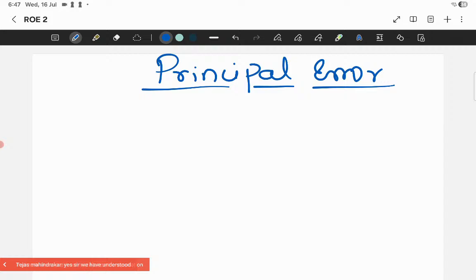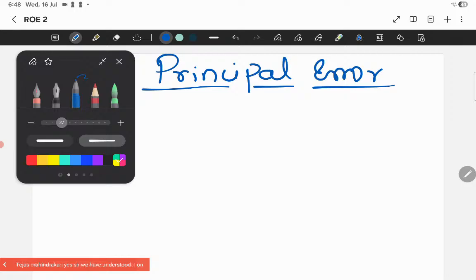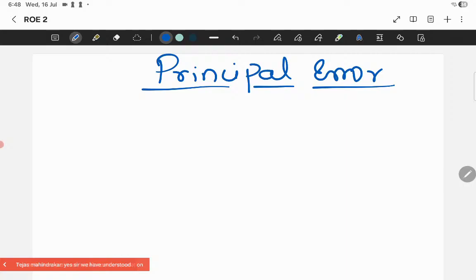Now, let's take an example for this. Okay. And I will tell you why it is called one-sided or two-sided error. And I will tell you always the principal errors are two-sided errors.